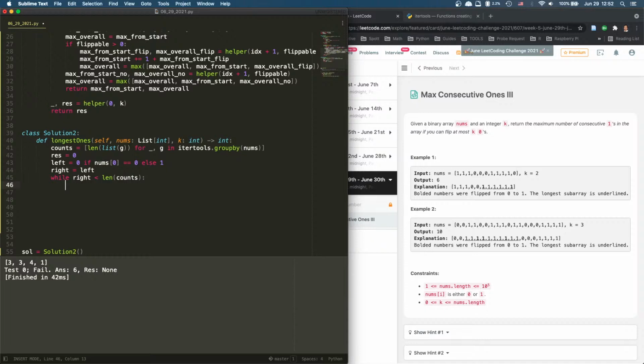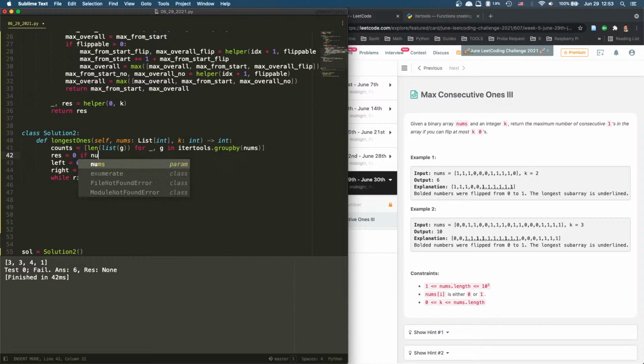And after that, if there's no more flippable left, and the rest is going to be 0, right?